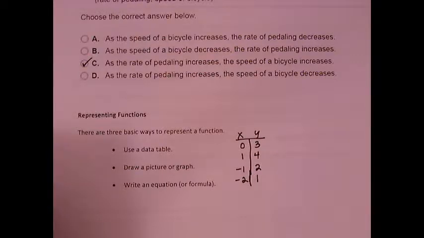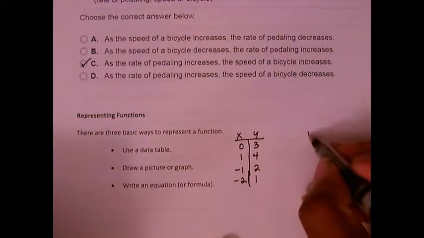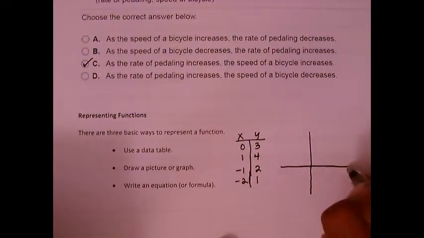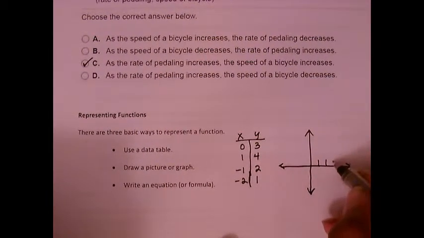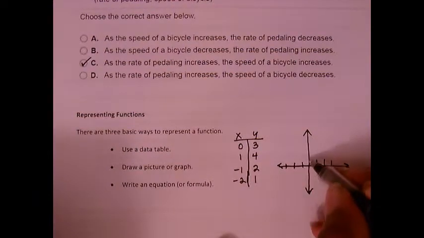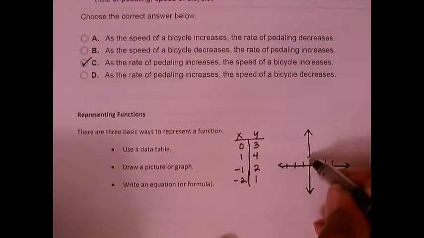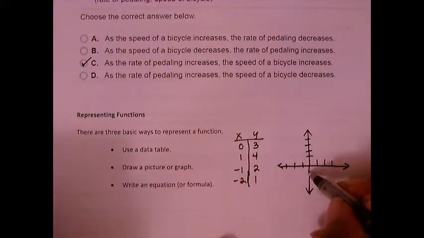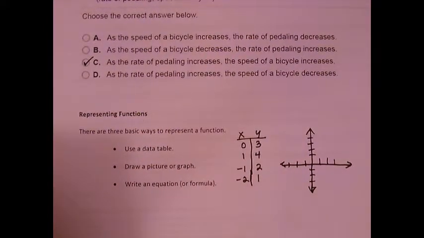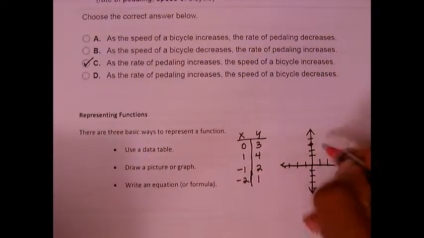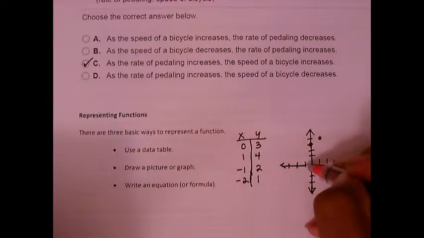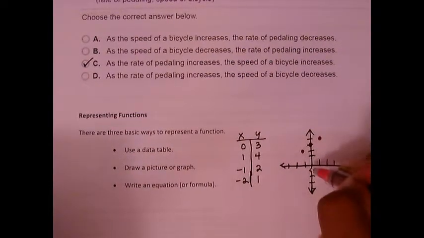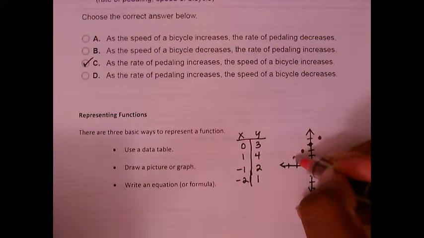Also, we can draw a picture or a graph. So in this case, if I draw an XY coordinate plane like this, using those ordered pairs that I have, here I can plot 0, 3 like this, and then 1, 4 to the right 1 and up 4, and then negative 1, 2 will be to the left 1 and up 2, and negative 2, 1 will be to the left 2 and up 1.